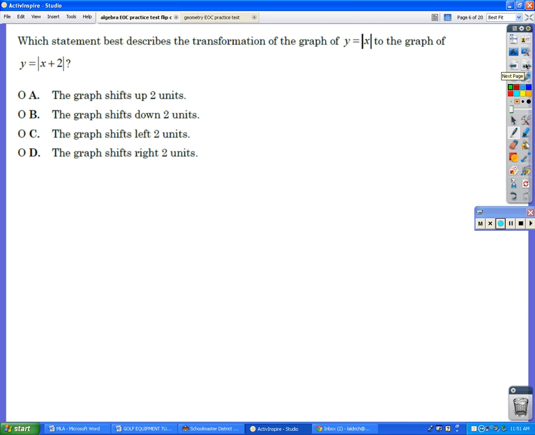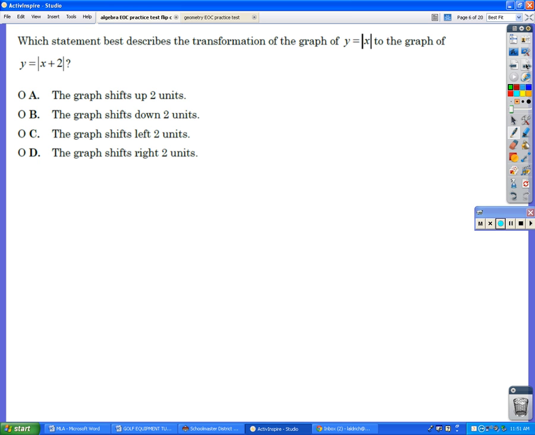Okay, next one. Which statement best describes the transformation of the graph y equals absolute value of x to the graph y equals the absolute value of x plus 2? Do you remember this? No. Wasn't it when it's on the outside it goes left? When it's on the outside, it goes up or down. When it's on the inside, it goes left or right, and it's opposite of what it says.